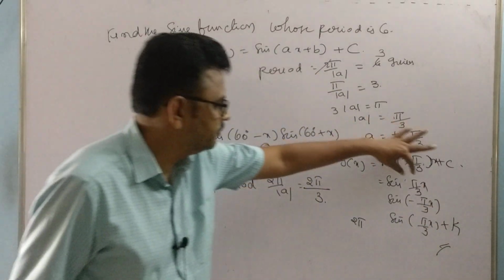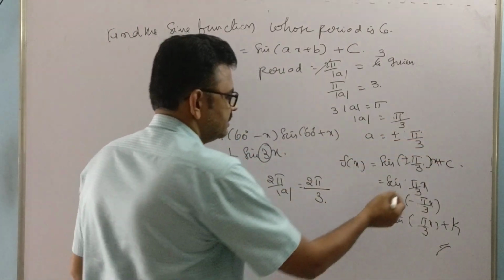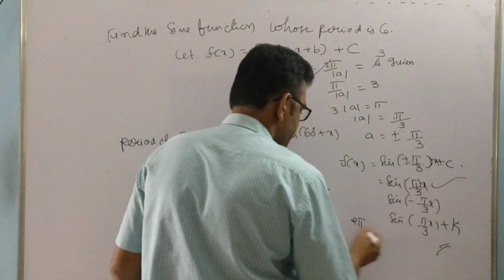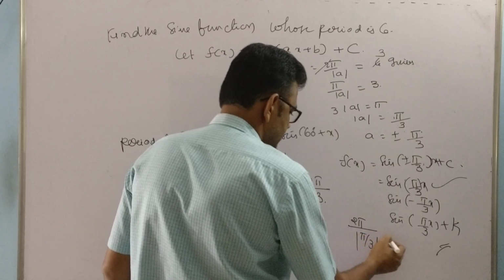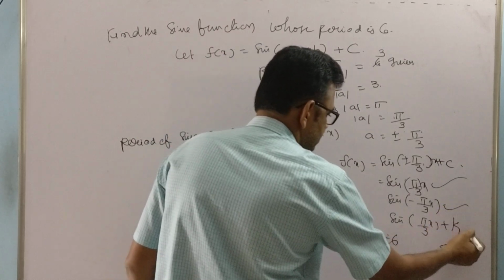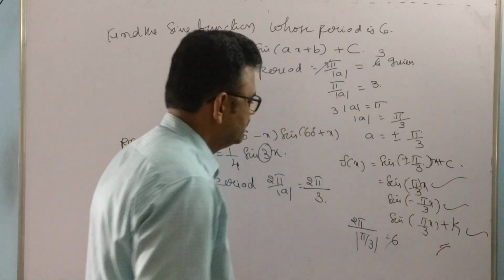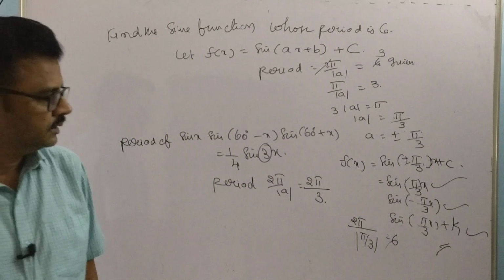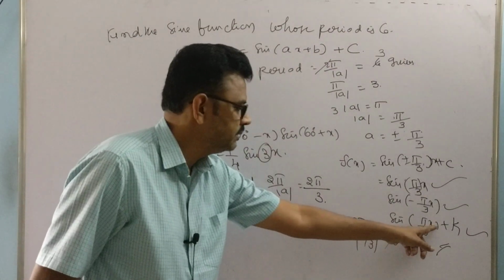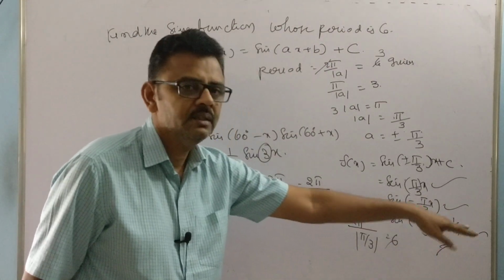What is the period of this function? 2 pi by mod a, where a is pi by 3, that is equal to 6. For this also 6, for this also 6. So all are correct. And also sine of pi by 3 x plus some constant k is also correct.